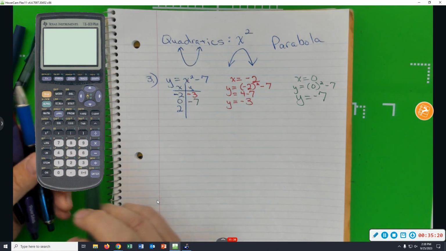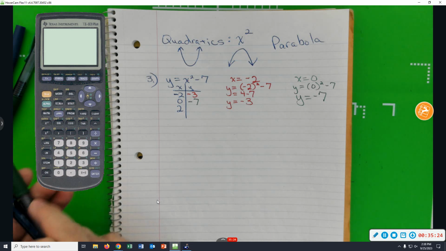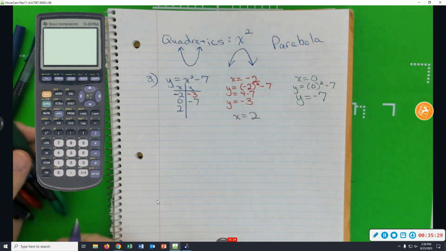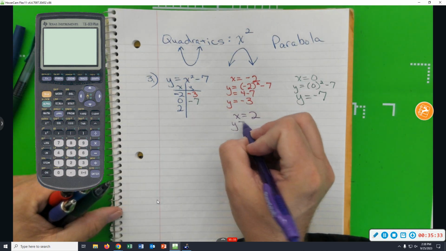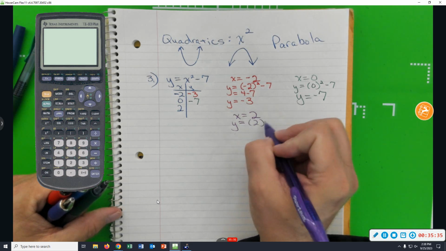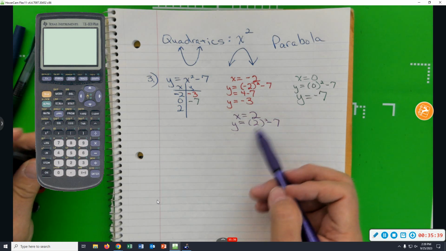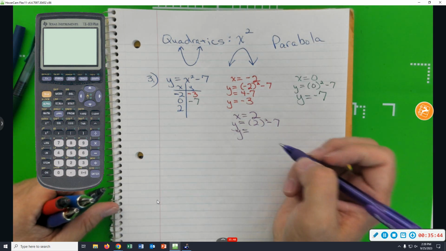And finally, plugging in 2. I'm plugging in a positive 2. So that says y is equal to 2 squared minus 7. 2 squared is 4 minus 7. What's that going to give us? Negative 3.